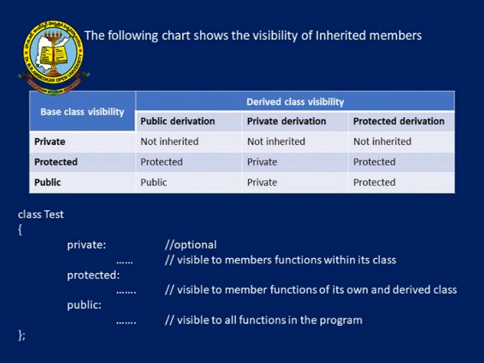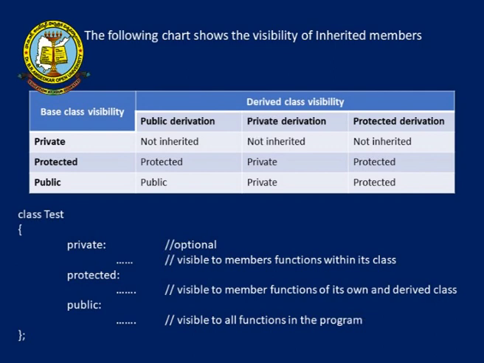Next one is the public visibility. See, when we have the members in the public section, those public members are visible to all the functions in the program. That means not only in the same class, they are also available in the derived class. They are visible to all the functions in the program.